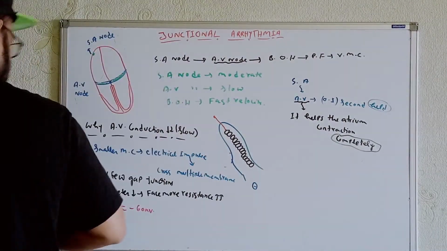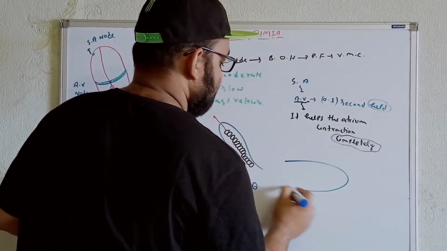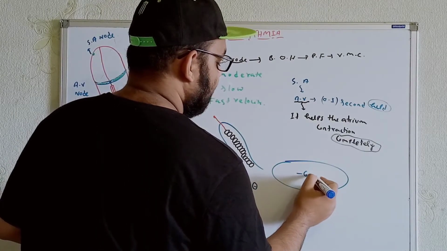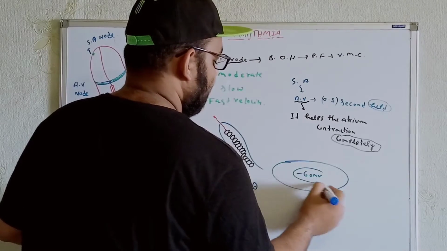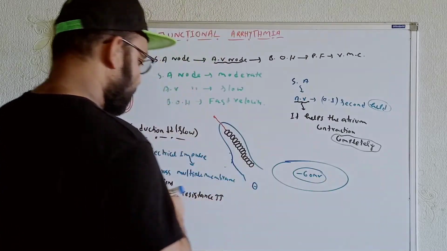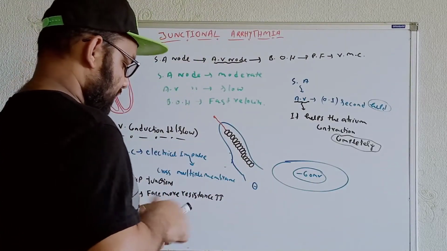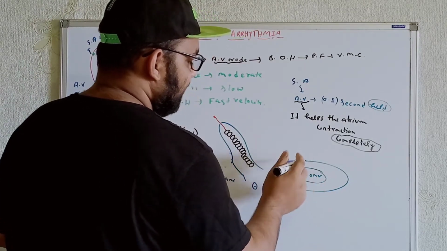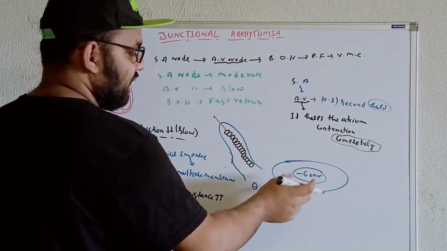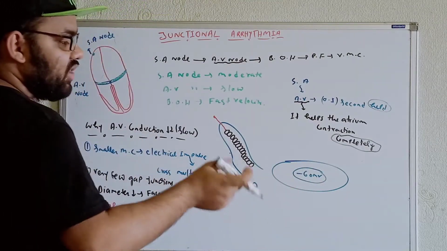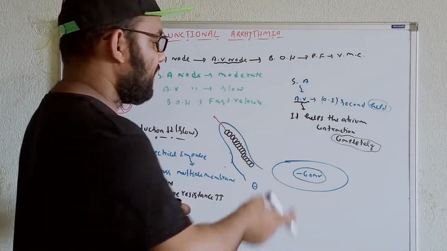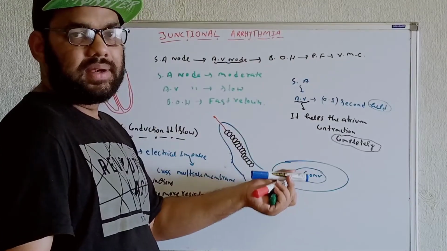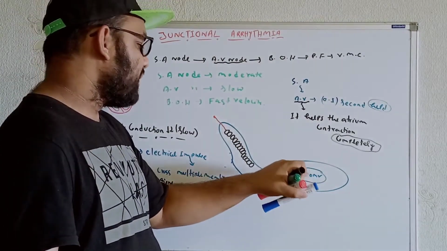If I say its resting membrane potential is minus 60 millivolts, then whenever the electrical impulse comes, cations will influx over here, and because of the negative charge there will be positive-negative attraction. Whenever the positive cations come from the outside into the cells, within the cells we are getting the negative potentials.